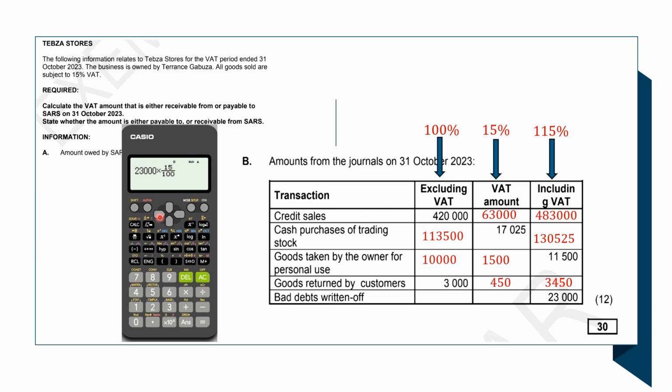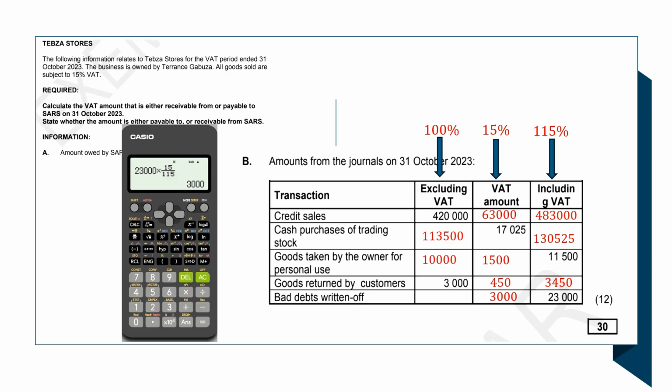It's supposed to be 115%. Oh, I'm erasing the wrong thing now. So it's supposed to be 23,000 times 15 over 115, which gives us 3,000, which is the amount that goes here.